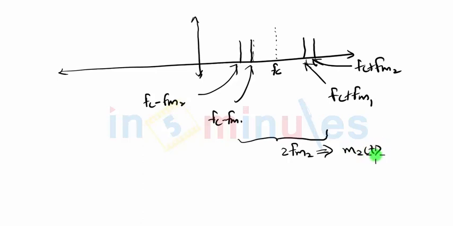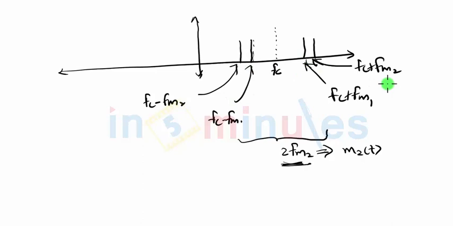If you are transmitting M2T using amplitude modulation, the bandwidth of the modulated waveform will be nothing but twice FM2. Now, in the same bandwidth of twice FM2, you are also able to fit in the frequency spectrum of the first modulated signal, which will otherwise require the bandwidth of twice FM1 separately for its own transmission.